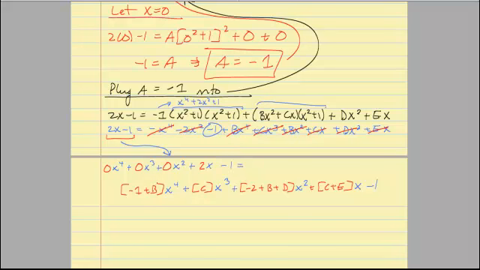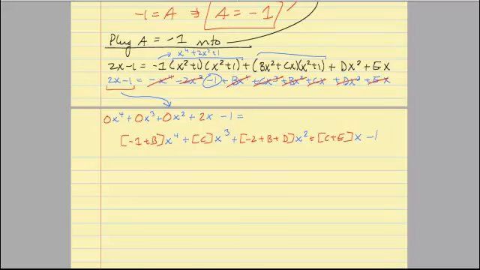So now let's go ahead and equate the coefficients. Now when we're looking at equating the coefficients, whatever is in front of the x to the fourth term on the left has to be in front of the x to the fourth term on the right if they're equal.